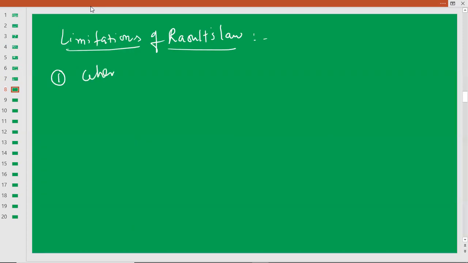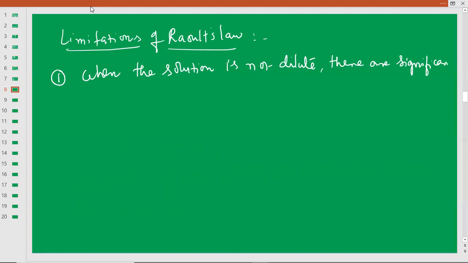So one limitation I can say, when the solution is not dilute, then there are significant interactions between solute and solvent particles.